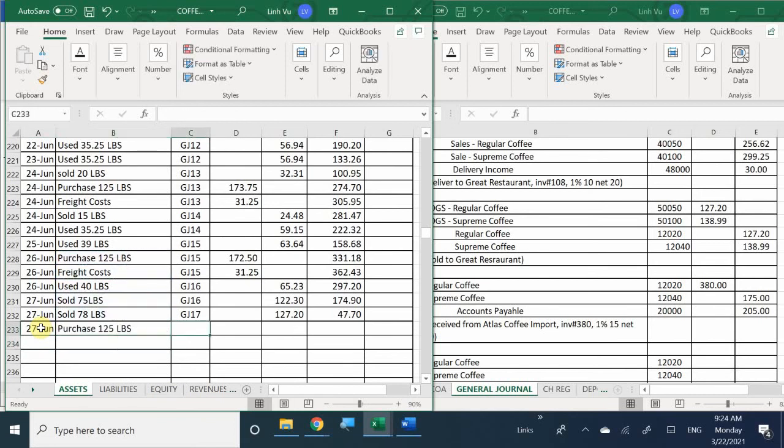Okay. General Journal 17 for a total of 175. Right? So what's my new total here?